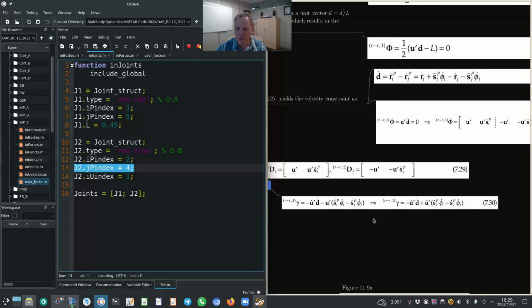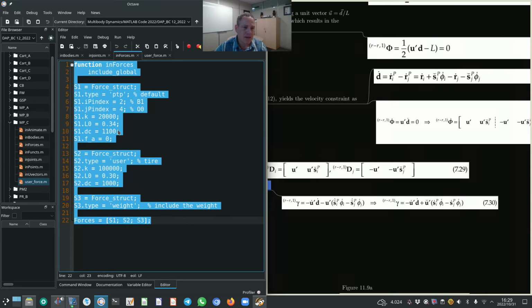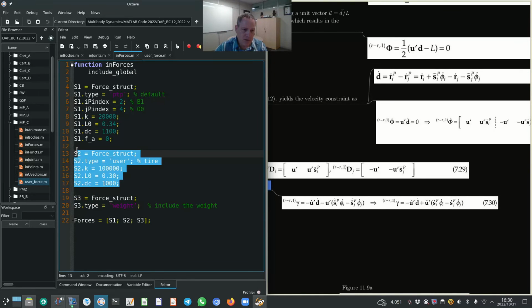Okay, and for completeness' sake, I just want to show you once again for McPherson_C, our input file in forces looks exactly the same as before. We've got the point-to-point force, externally applied force S1. We once again have the user force.